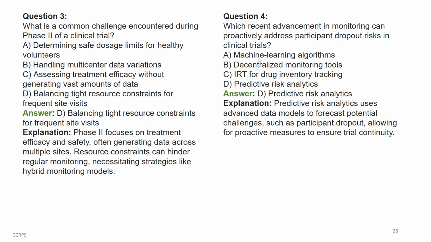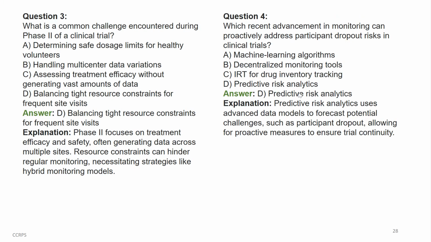Is it A, machine learning algorithms? Is it B, decentralized monitoring tools? Is it C, IRT, the interactive response technology for drug inventory tracking, or D, predictive risk analytics? So we are talking about proactively addressing participant dropout, so retention rates and the risks for that.